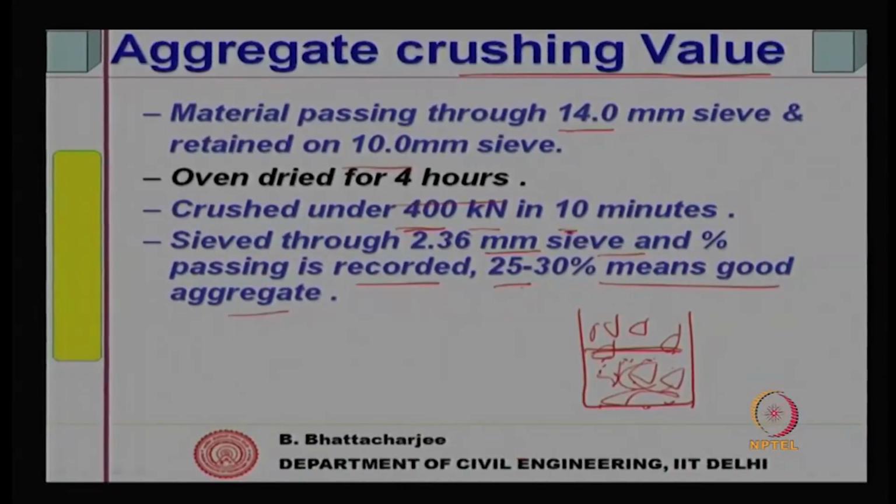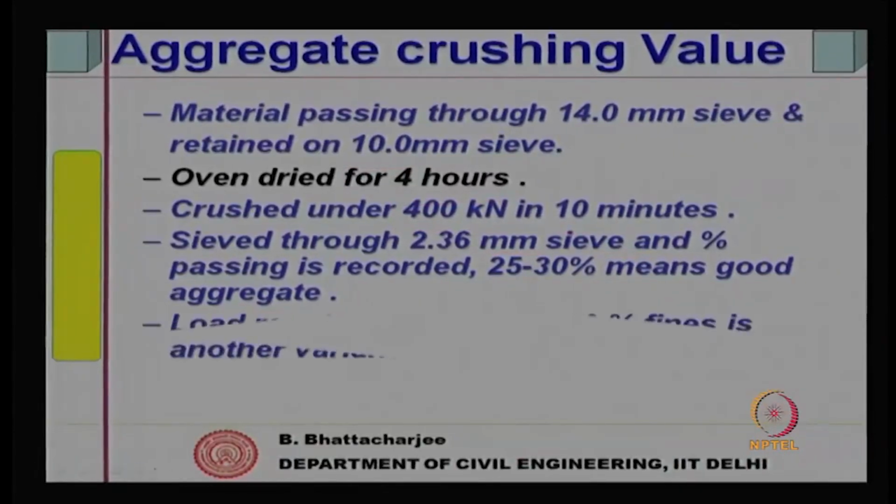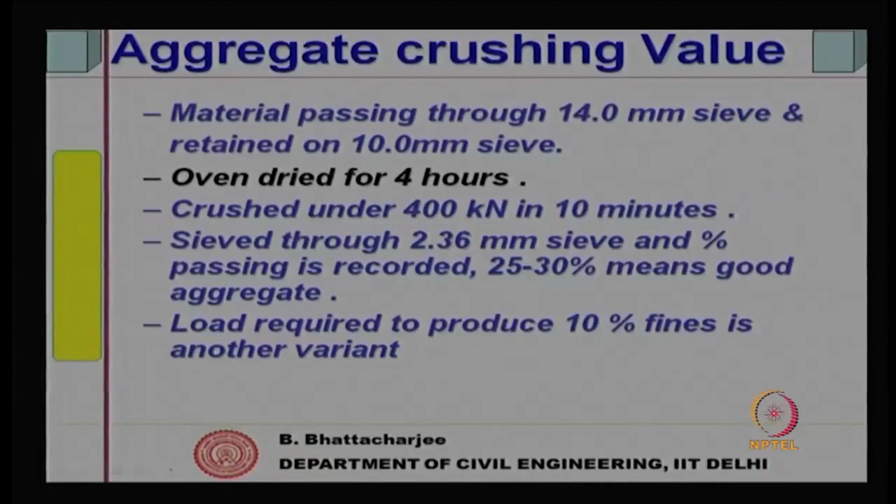If it is high, 40 to 45%, then it is not so good an aggregate. Comparatively, 25 to 30% is good aggregate that can be used in concrete. So, this is used to compare two aggregates relatively, and also to use in specifications.